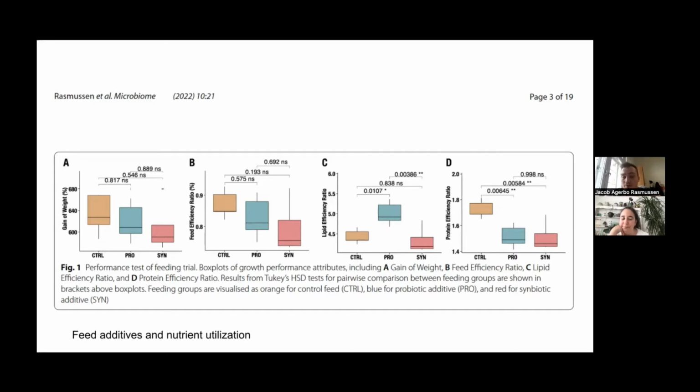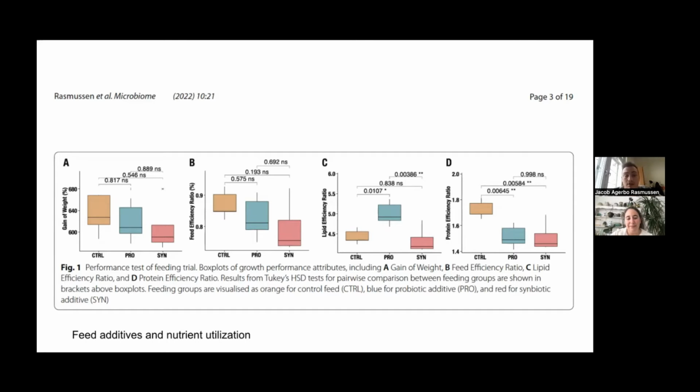And the second thing would be how much muscle is transformed from 1 kilo of feed to 1 kilo of pure meat, or gross weight, right? And then we do the same for lipid efficiency. So how much of the lipid has been taken up by the fish, and the same with protein. Does that make sense? Yep.